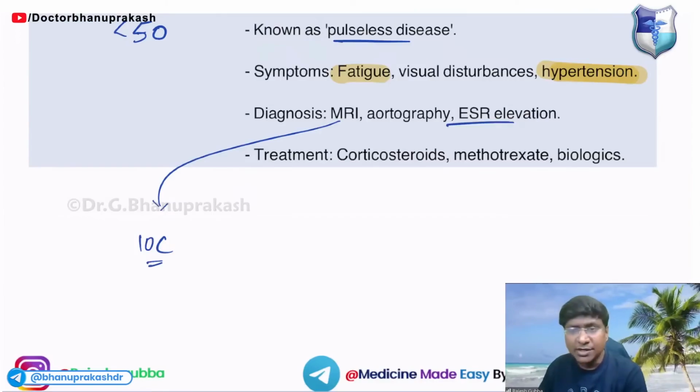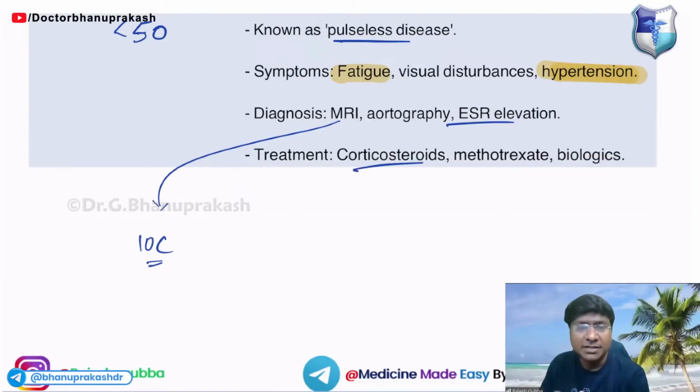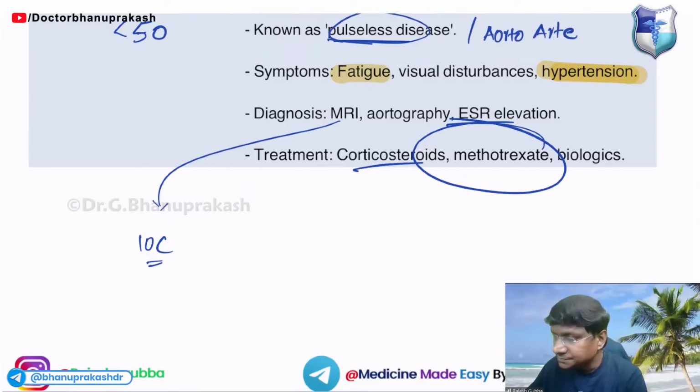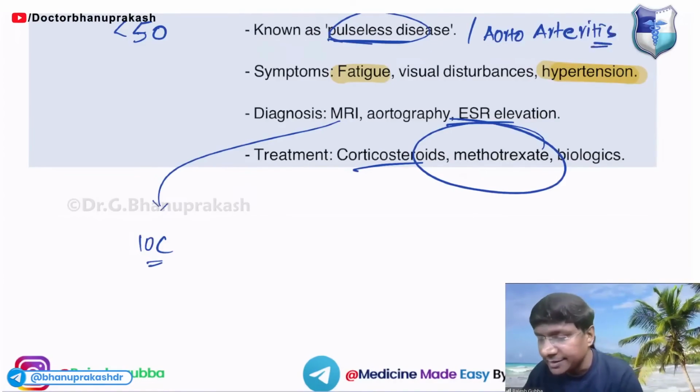It's an inflammatory disorder, ESR will be elevated, and you need to give corticosteroids. If there is multiple organ involvement and refractory scenario, biologicals should be given, that is the methotrexate. So that is about your Takayasu, which is nothing but pulseless disease, also called aortoarthritis.